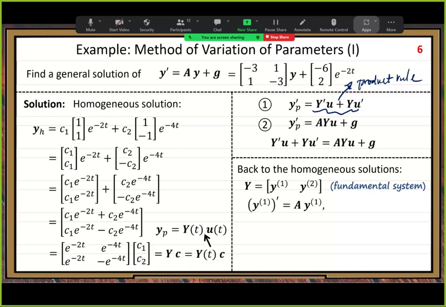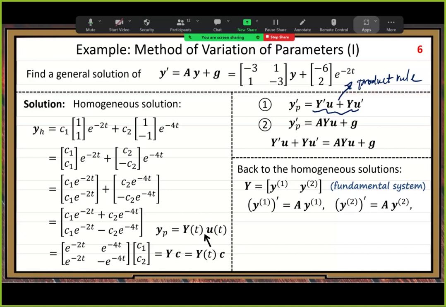First, let's plug in the y sup 1 vector into the original homogeneous system. It's a solution, so it must be correct. Second, for y sup 2, we can also plug into the original homogeneous system. It should also be correct.